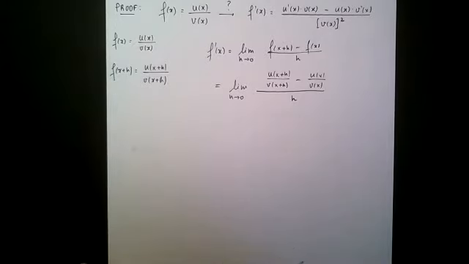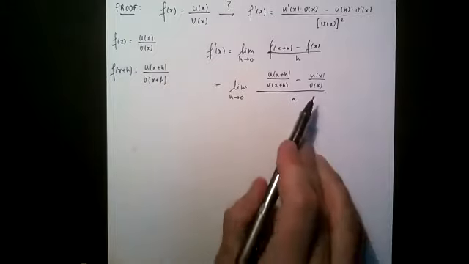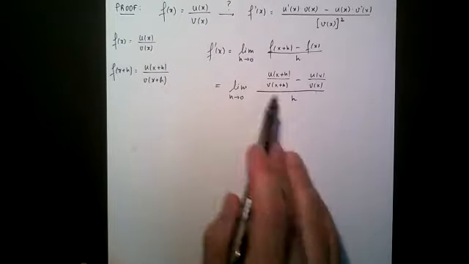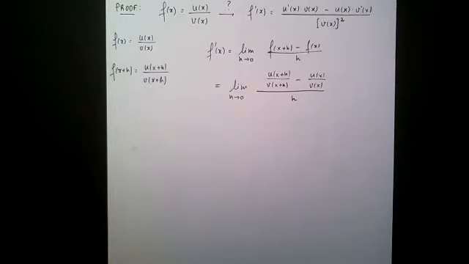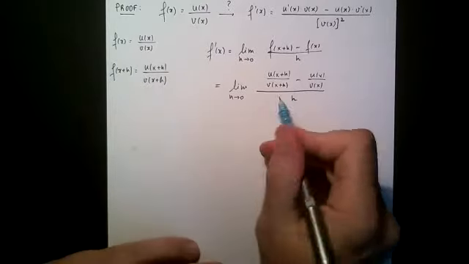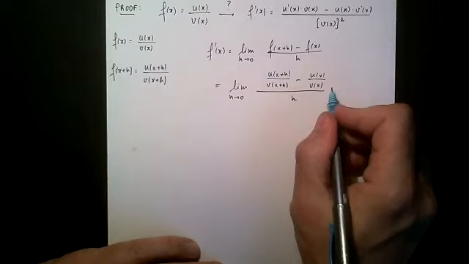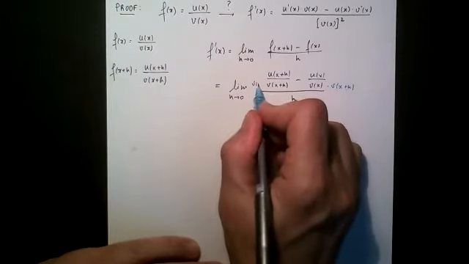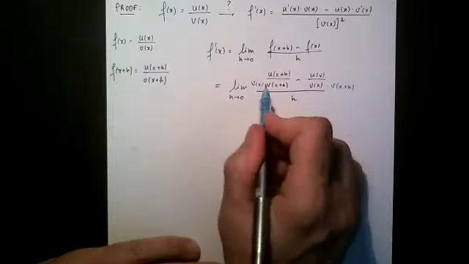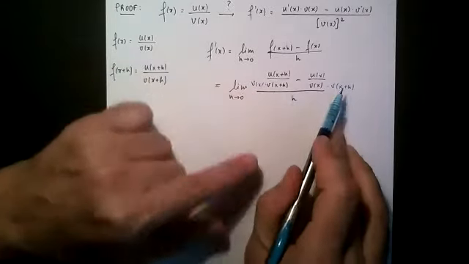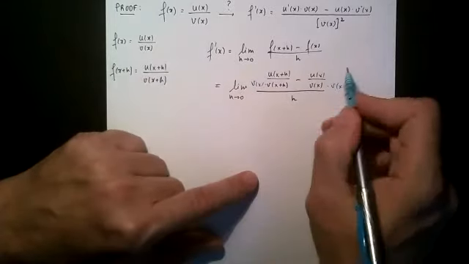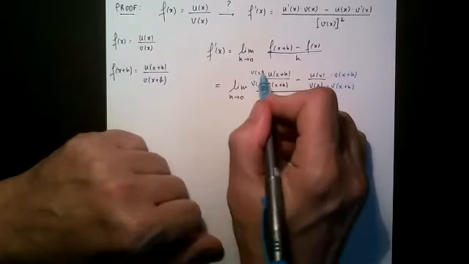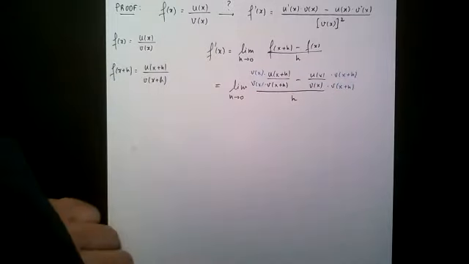It's all good. So let's go now. We found the common denominator by multiplying here by v of x plus h, and here by v of x. That guarantees the same denominator, but of course if I multiply the bottom, I multiply the top as well. So v of x plus h on top, and here v of x on top. Let's rewrite everything.